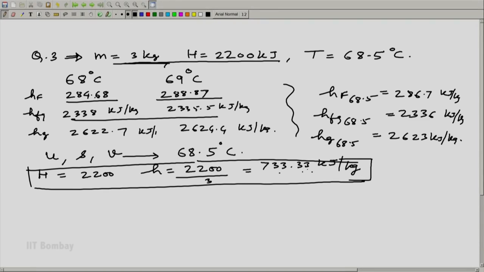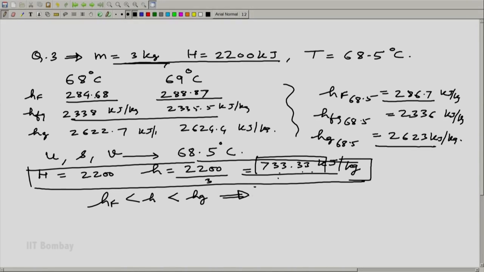Comparing this H with hf and hg, hf is less than H is less than hg. hf at 68.5 is 286.7, hg at 68.5 is 2623, while what we have is 733, and therefore we know that this is a two phase region.